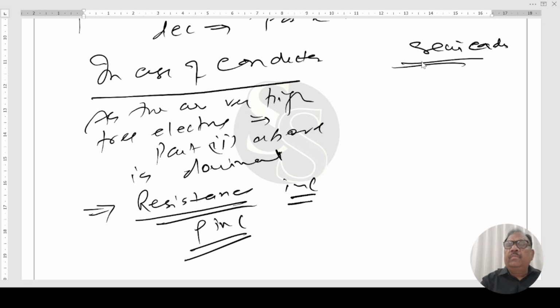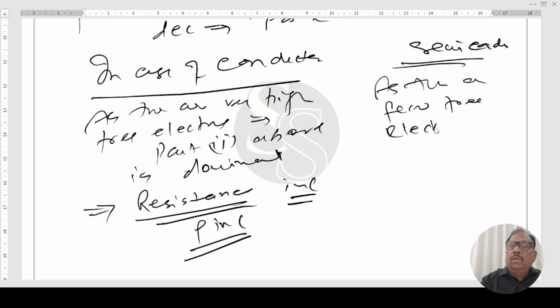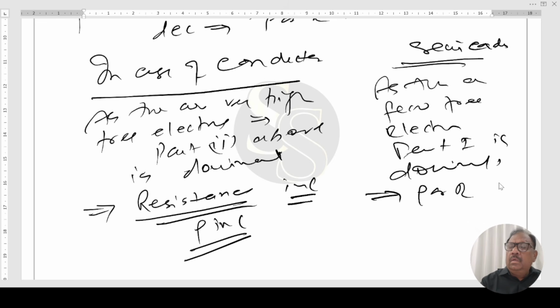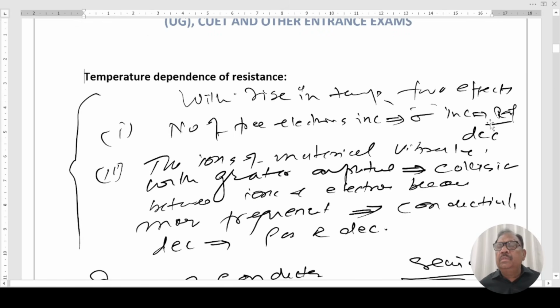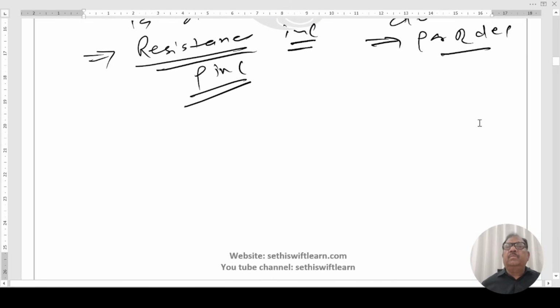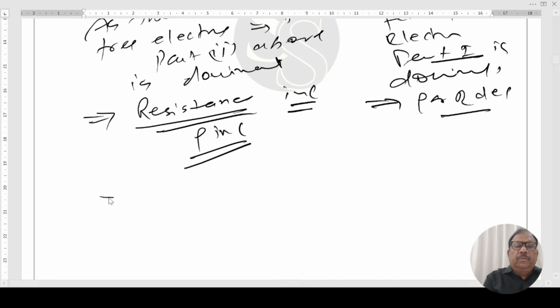In the case of semiconductors, as there are few free electrons, part 1 is dominant. That means rho or R decreases, right?